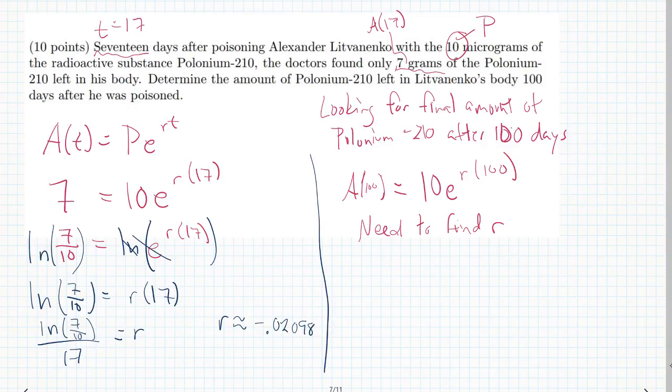So now, moving forward, we're pretty much ready to solve for the A of 100. And rather than write the negative 0.02098, you can put that, and you're more than welcome to. But just to be even more precise, the way I like to write it personally, I'll write what the actual value is, natural log of 7/10 divided by 17, and then all times 100.